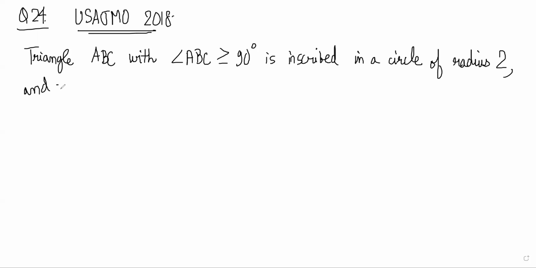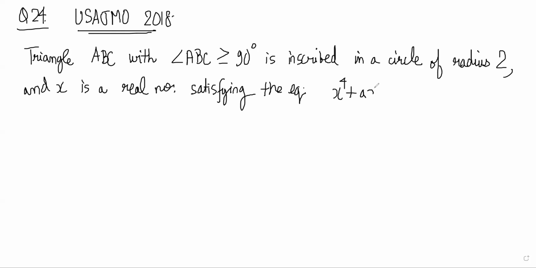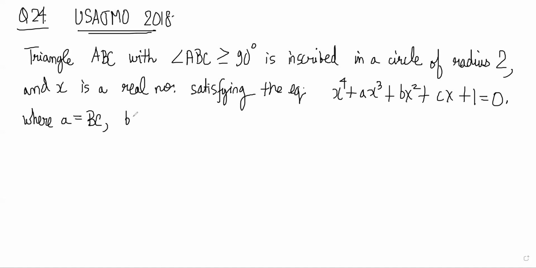and x is a real number. X is a real number satisfying the equation x power 4 plus a x cubed plus b x square plus c x plus 1 equals 0, where obviously small a is BC, small b is the length of side CA, small c is equal to the length of side AB.